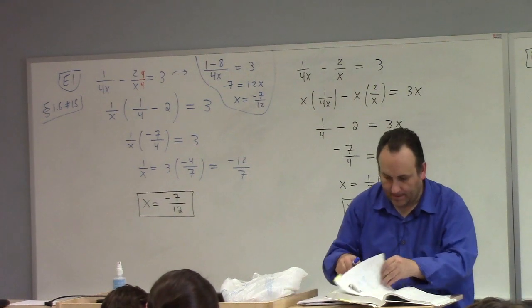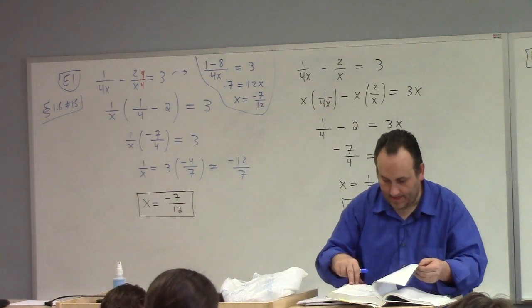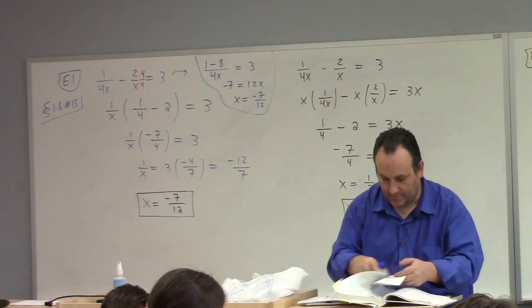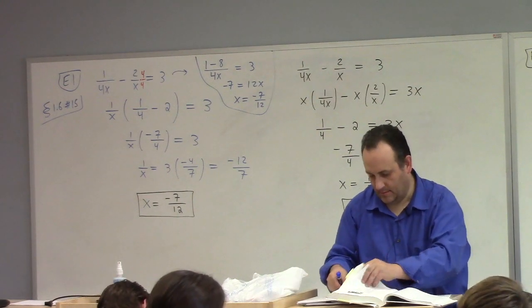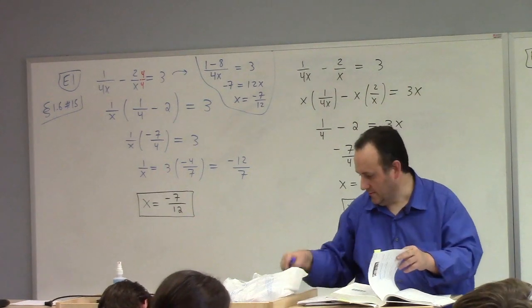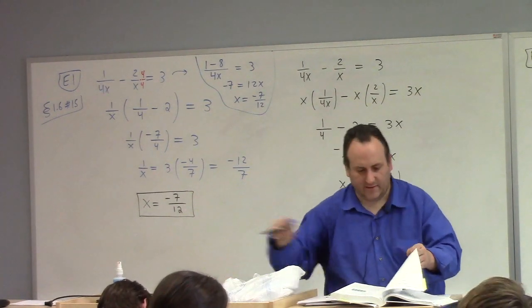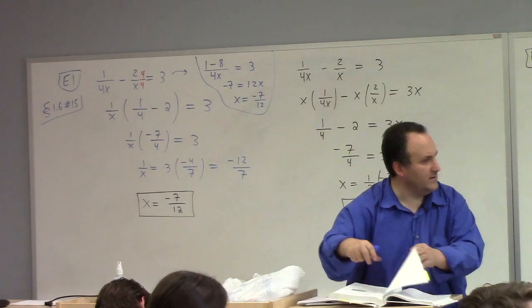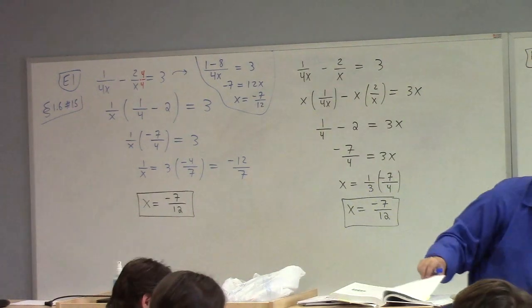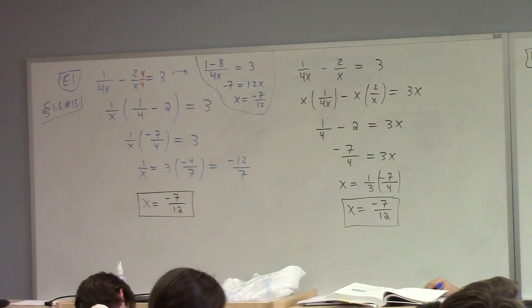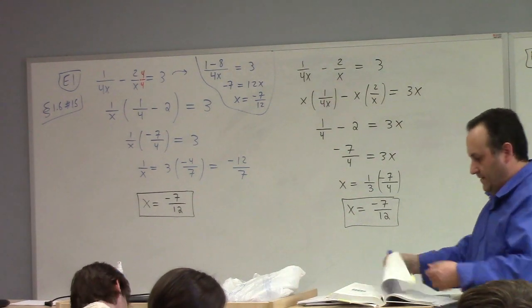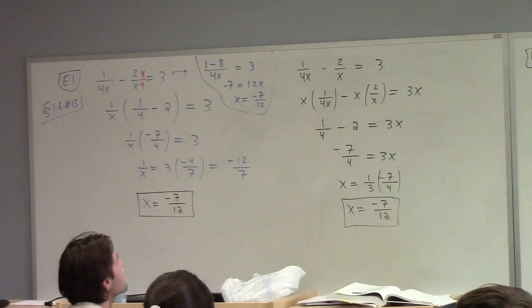Factor the x squared minus 4, then do x minus 2. I didn't quite follow you. What'd you say, Bethan? 12 over x squared minus 4, which is x minus 2 times x plus 2.